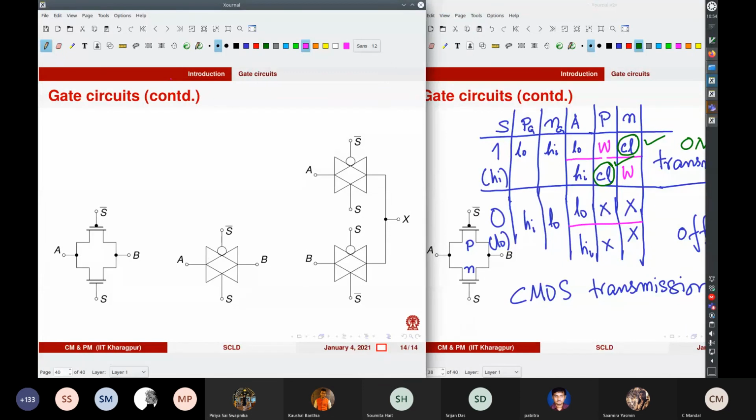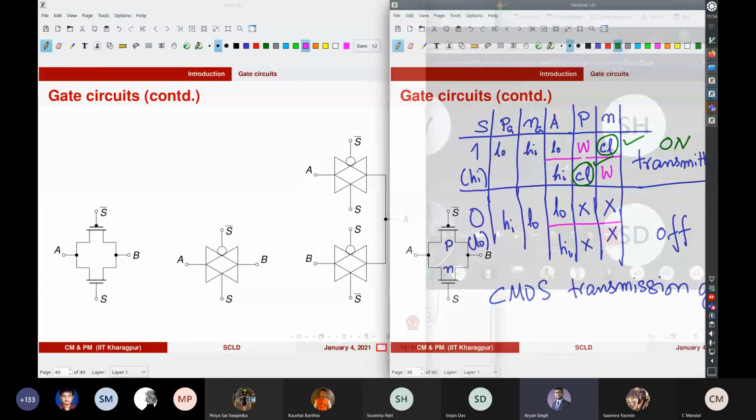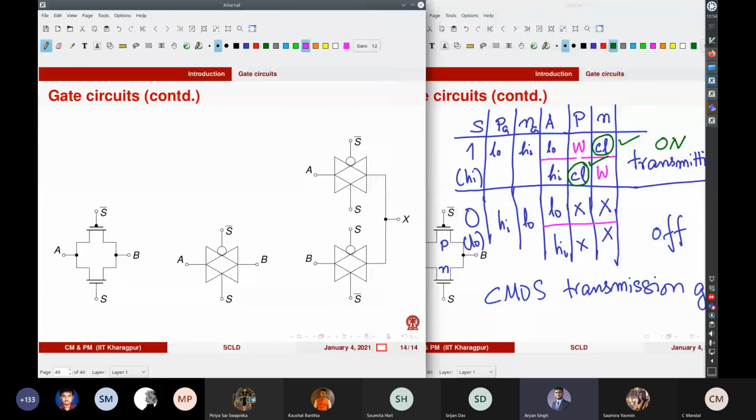Either transmit A or B. So when does it transmit A? When does it transmit B? When S is 1, it will transmit A, and when S is 0, it will transmit B.